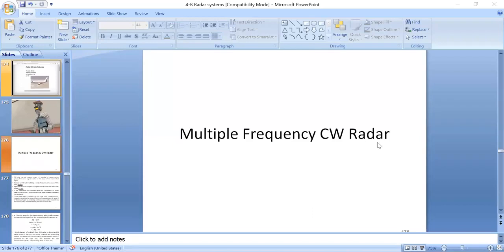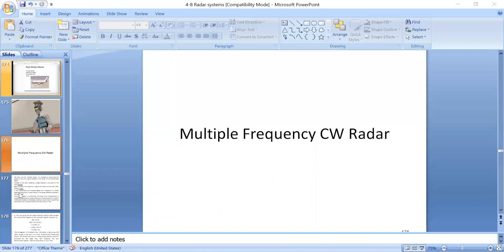That modified design, the multiple frequency continuous wave radar, is the same as the basic continuous wave Doppler radar, but the principle of operation and the way of measurement is different, right? So that modified design of the basic continuous wave Doppler radar is also called multiple frequency continuous wave radar. I will explain next what is that modification, how we are able to measure the range by using a basic continuous wave Doppler radar, right?